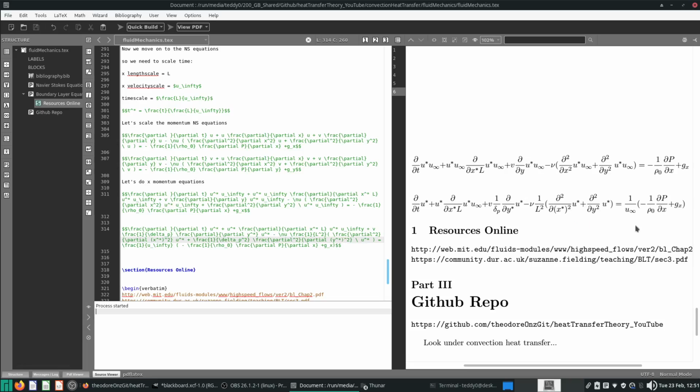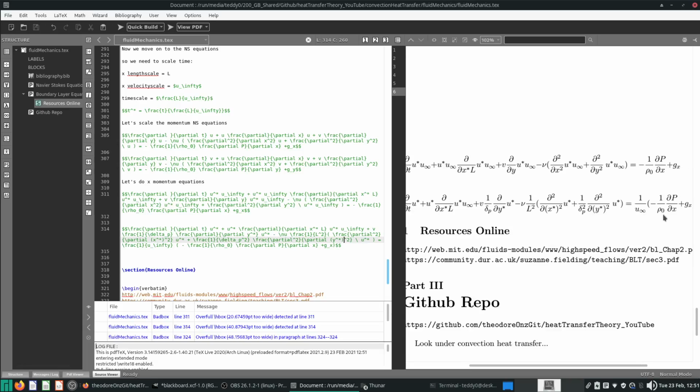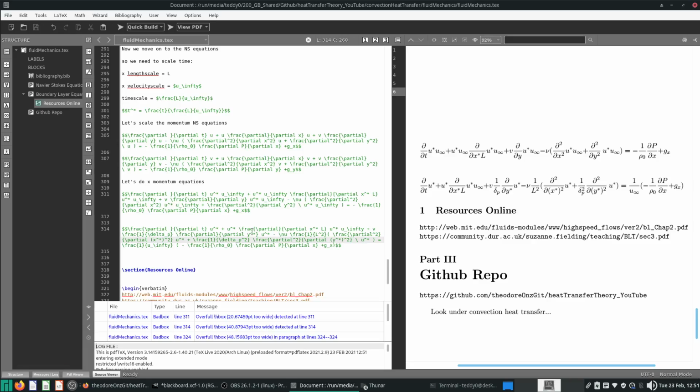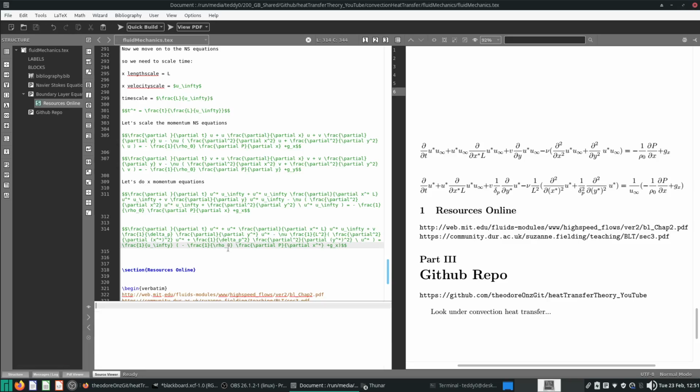Oh, one more thing I kind of forgot is this little x squared here, or this little x here, which also needs to be scaled. So I'll do the x star scaling. Now bring the L outside. So that should about do it.